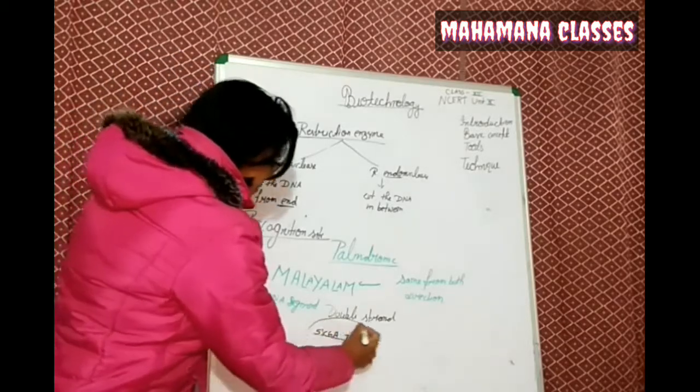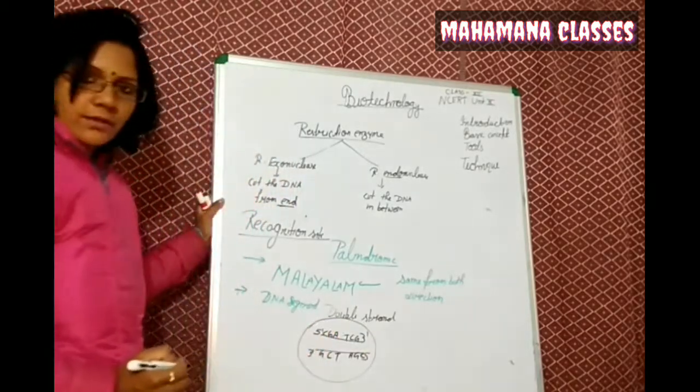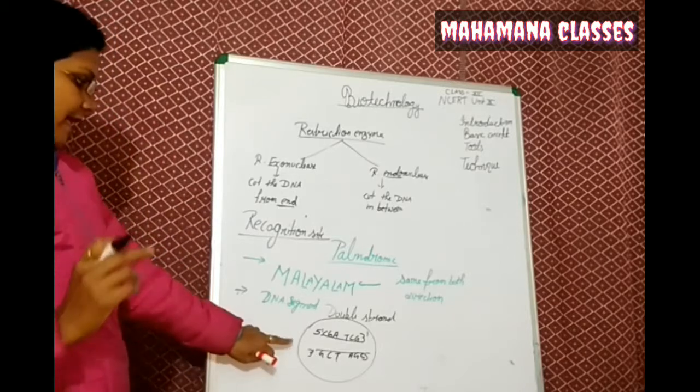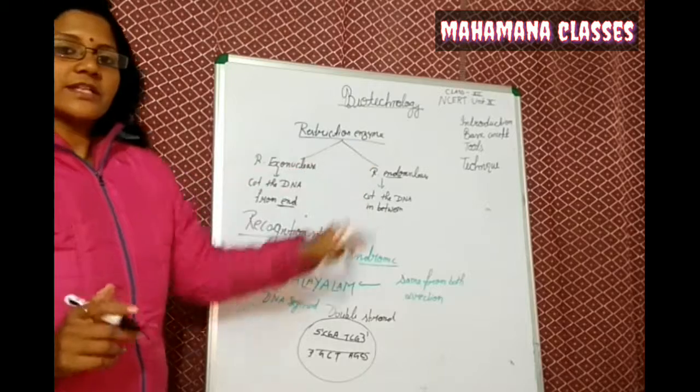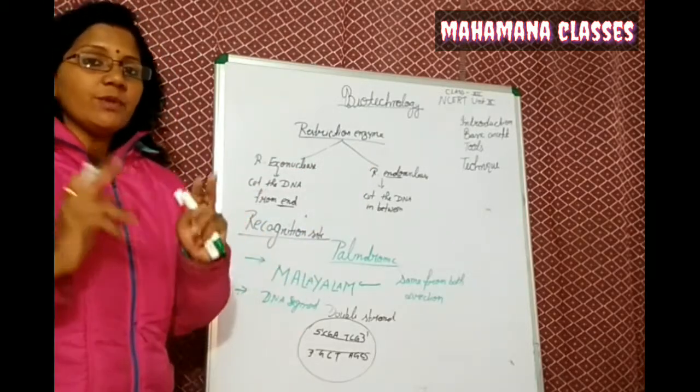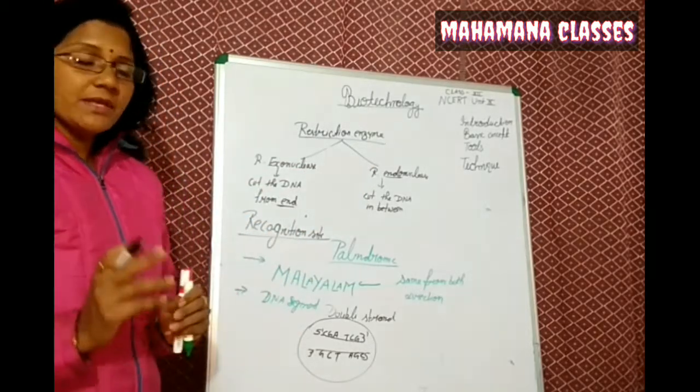So it is a palindromic region. This palindromic sequence creates a recognition site for the restriction enzyme, which will recognize it and cut the DNA piece.